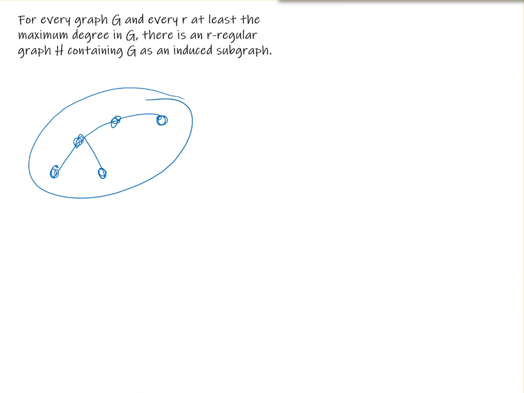Well, I can add edges and I can add new vertices, and the easiest way to do that is to just add new vertices to G and connect them to the vertices so that every vertex has the degree that I want. And I want degree 3, so this guy here is missing 2 neighbors. Let's add them. This guy is missing 1 neighbor, 2 neighbors, and 2 neighbors. This last one already has 3 neighbors, so it already has degree 3. So we're done with that.